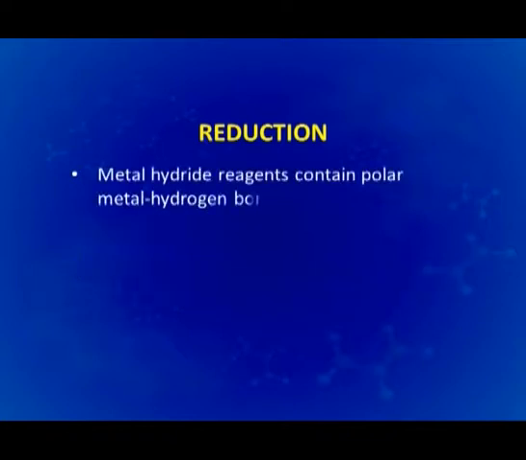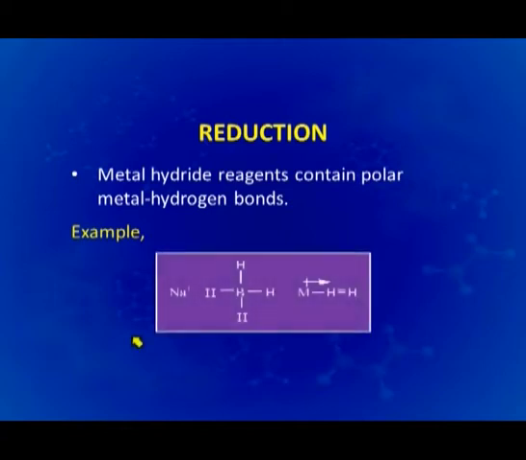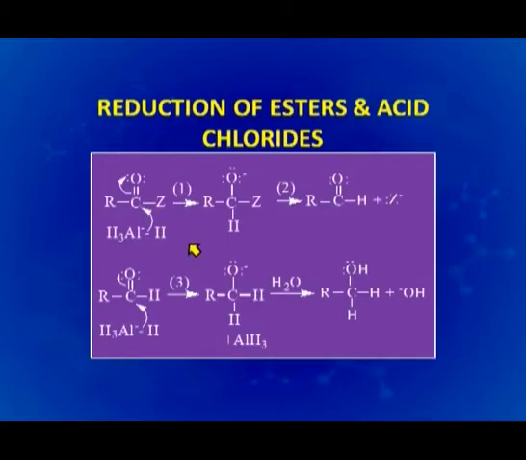So, here the metal hydride reagents contain a polar metal-hydrogen bond, because metals are electropositive and the hydrogen attached to the metal is comparatively electronegative, which creates a dipole moment. In the mechanism, the first step is the lone pair of electrons on hydrogen as hydride interacting with the electrophilic carbon atom, with polarization of the electrons towards oxygen.